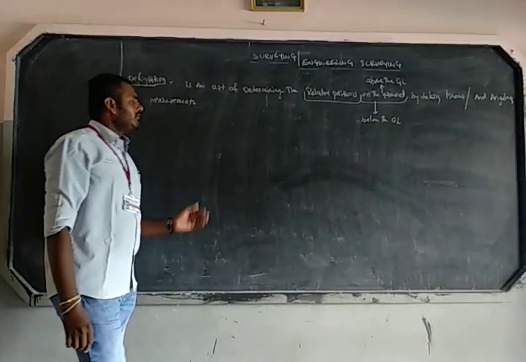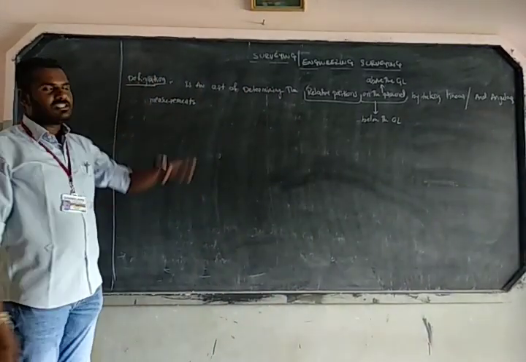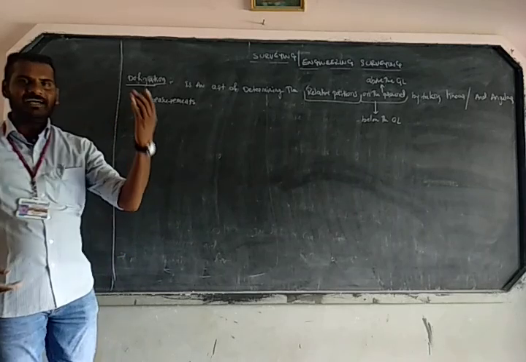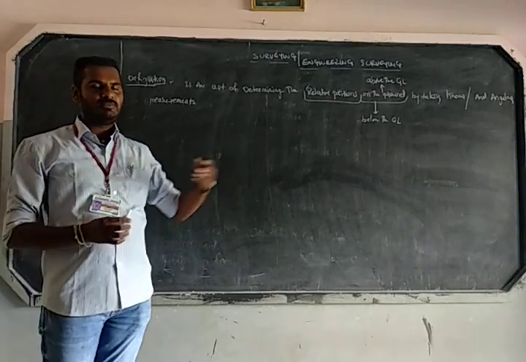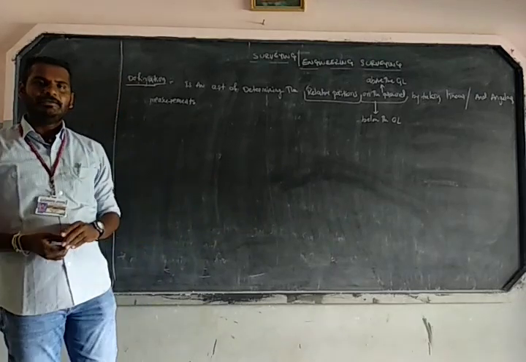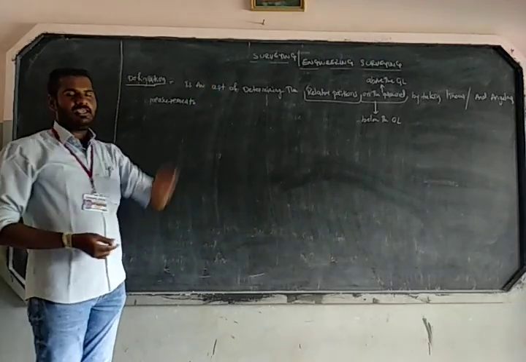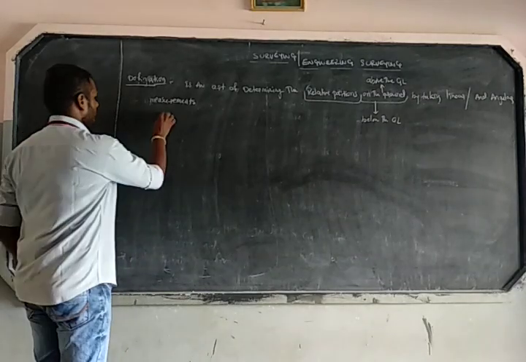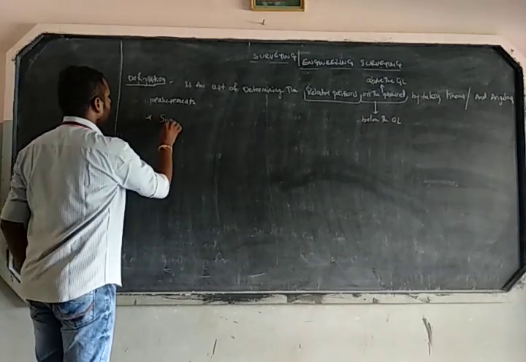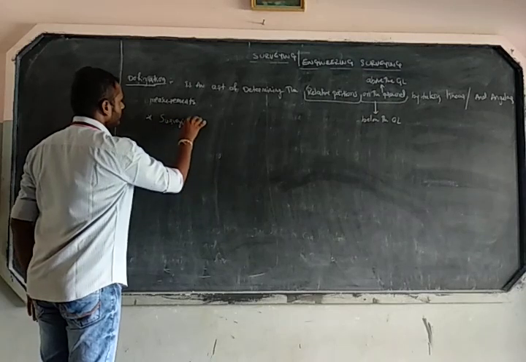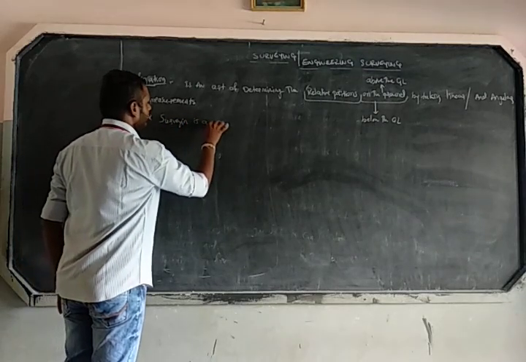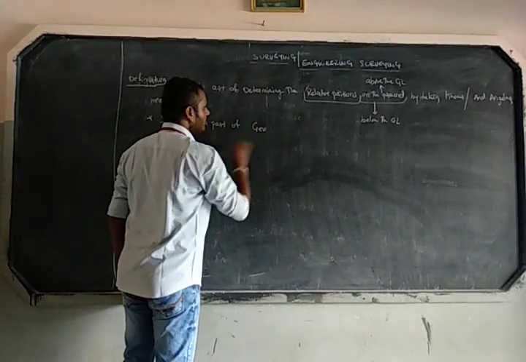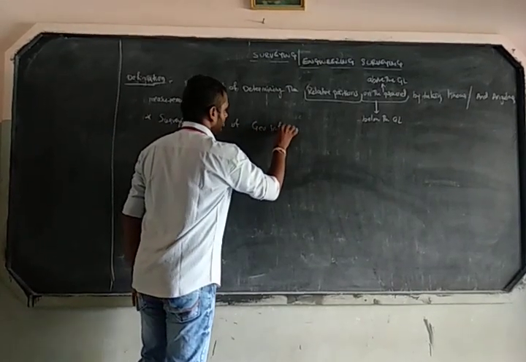So if you want to study this survey in a detailed way, this is not an exact science which deals with all these measurements and calculations, but surveying is a part of geoinformatics.